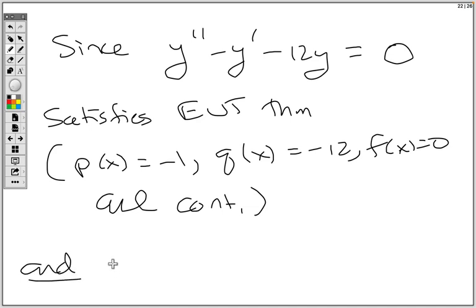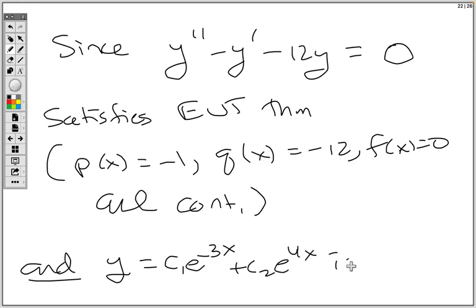And y equals c1 e to the minus 3x plus c2 e to the 4x is a solution to the differential equation part.